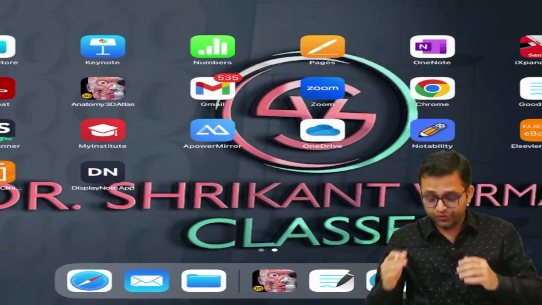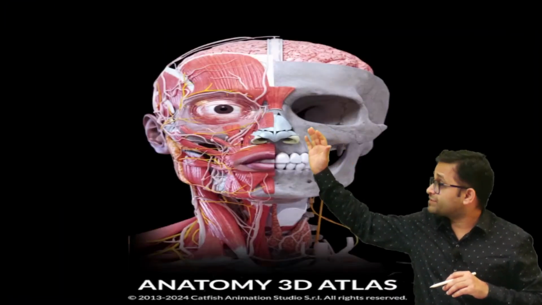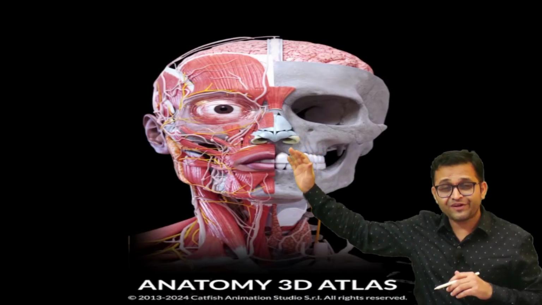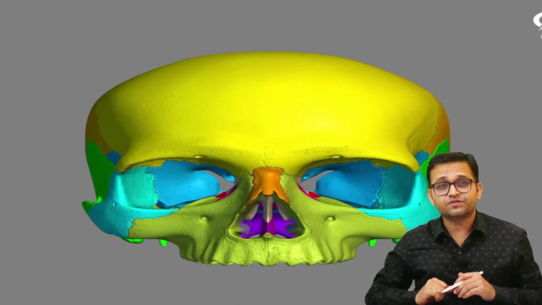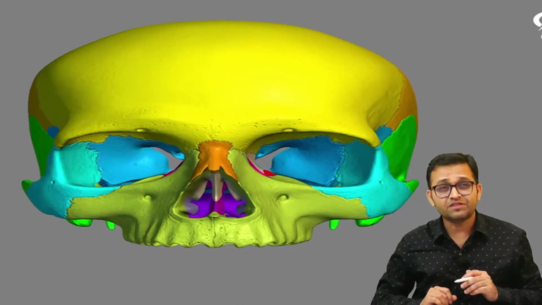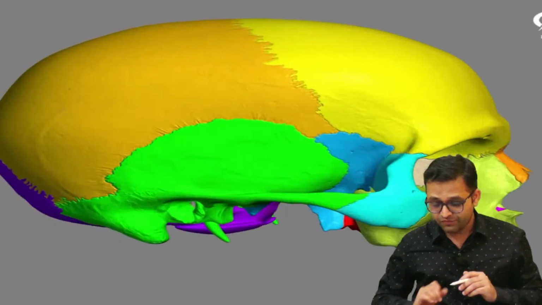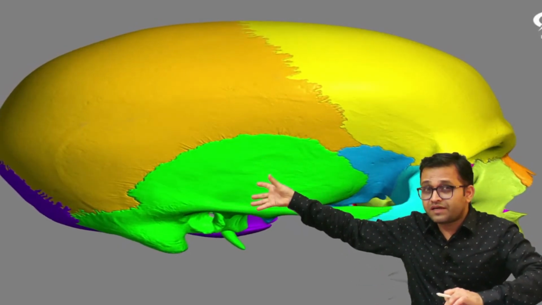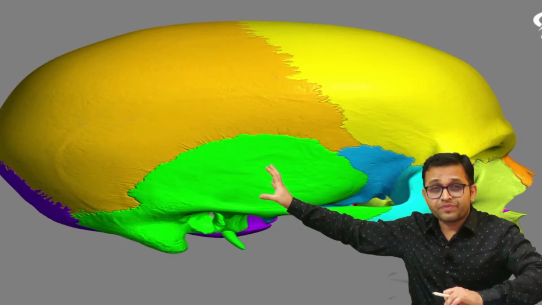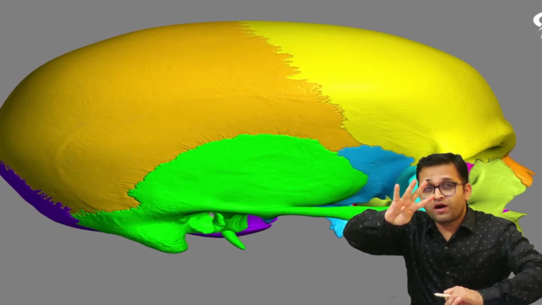First, one beautiful three-dimensional orientation. Can you observe the three-dimensional anatomy, the Iron Man anatomy, the Jarvis? Yes. We are going to observe in this three-dimensional orientation the lateral view. Can you see? This is our temporal bone. Temporal bone is having four parts.